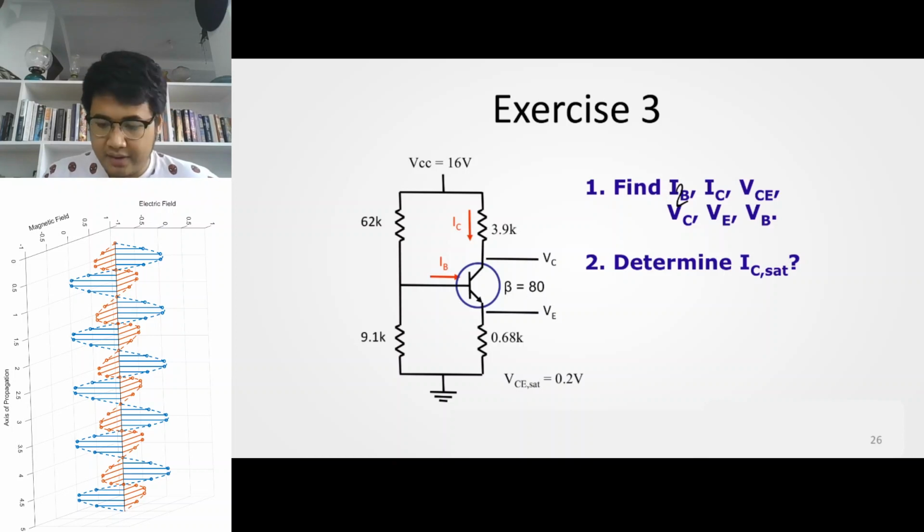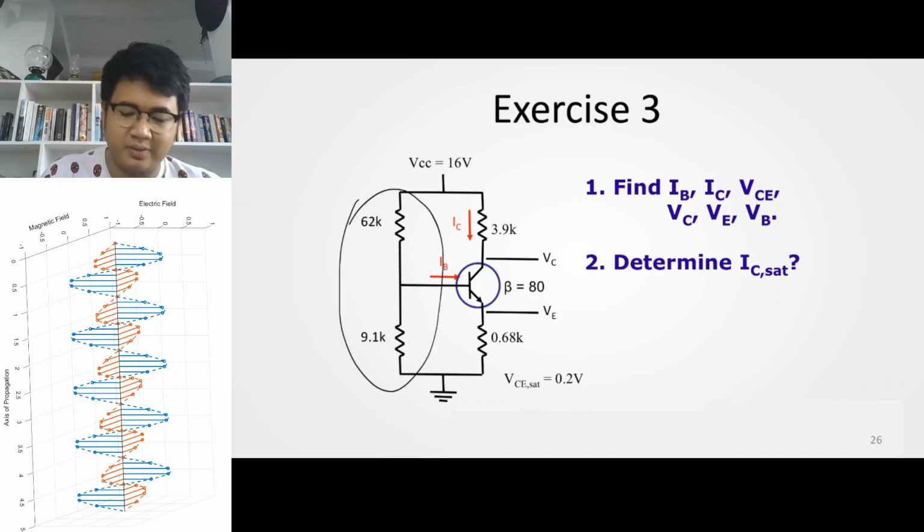Number 1, find the different values or parameters required here. You have a voltage divider bias circuit. One step is to convert this first to a Thevenin equivalent.